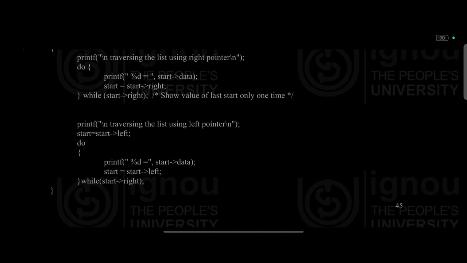Printf traversing the list using left pointer, backslash n. Start is equal to start->left. Do printf %d is equal to start->data. Start is equal to start->left, while start->right.